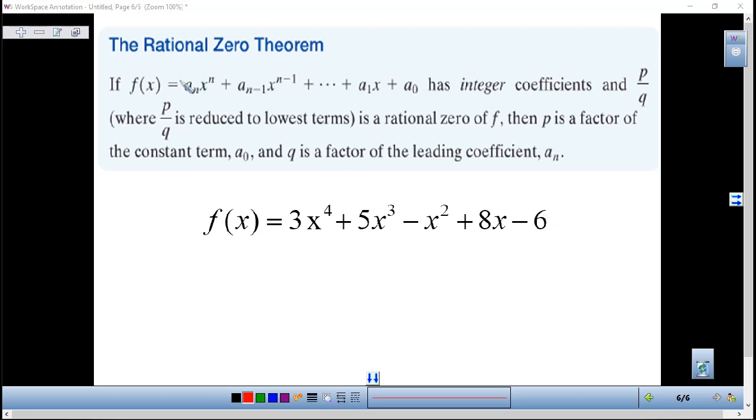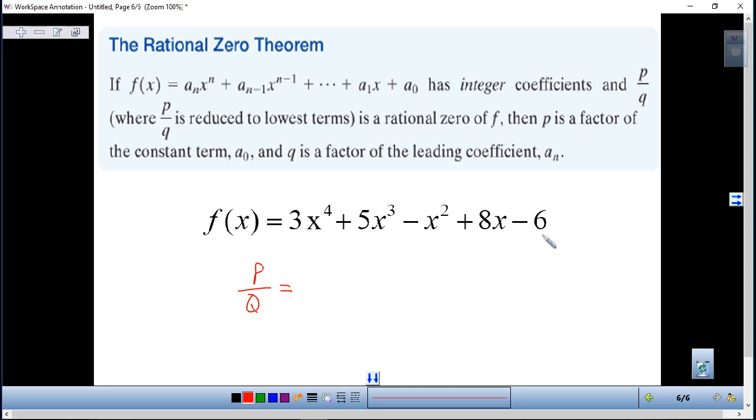a rational zero of this polynomial that you're dealing with, let's go ahead and look at this one. If I have a rational zero of this one, it's going to be of the form p over q, where p is a factor of -6, the last number, and q is a factor of the leading coefficient 3.